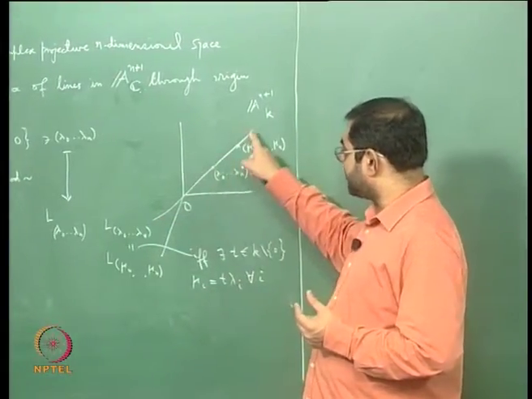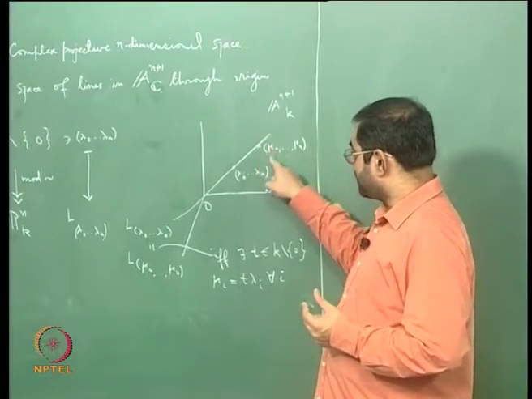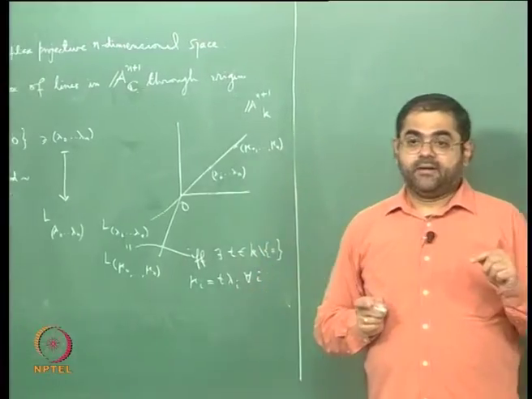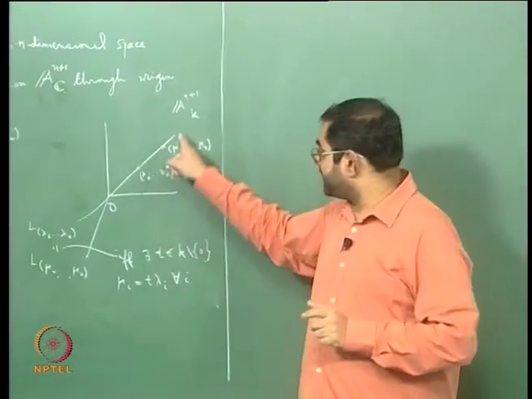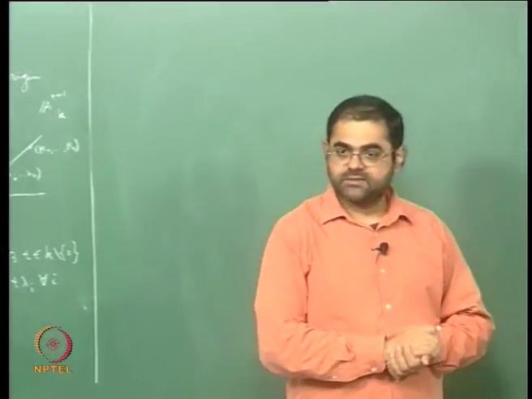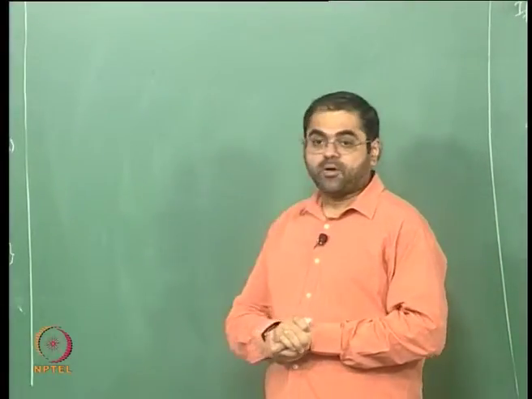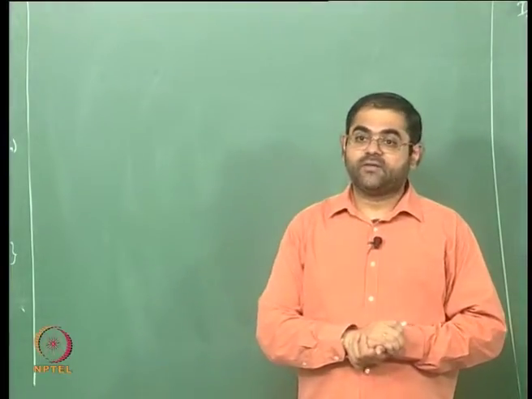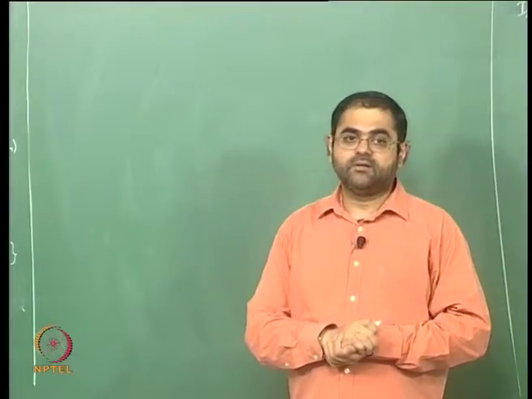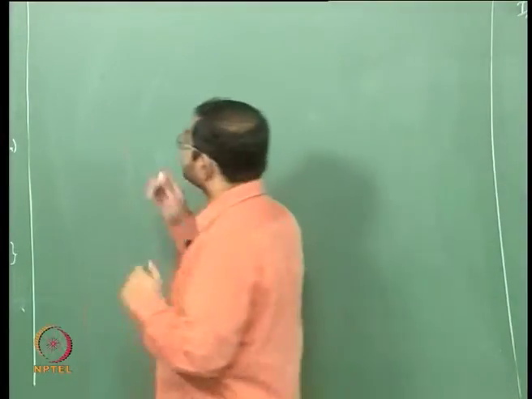If you take a polynomial in n+1 variables and evaluate it on a line, the values will change, but if the polynomial is homogeneous, the property of its vanishing or not will not change, okay. So this is the first observation.